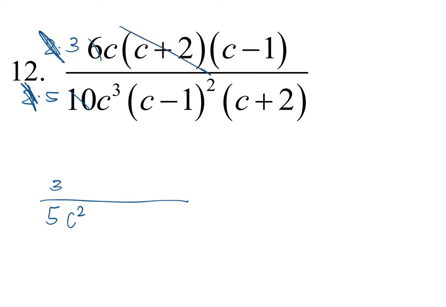And this factor of c plus 2 cancels completely with that factor of c plus 2. And this factor of c minus 1 cancels with one of those factors of c minus 1 to leave us with c minus 1.